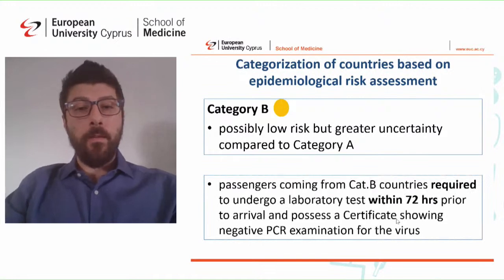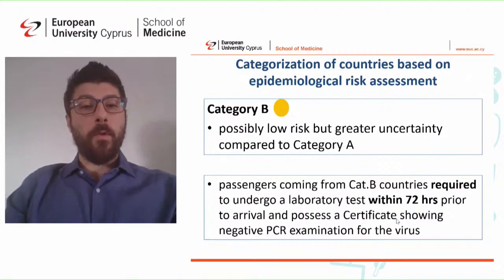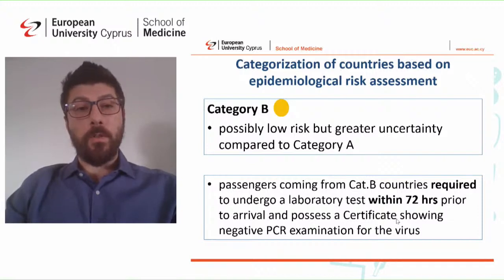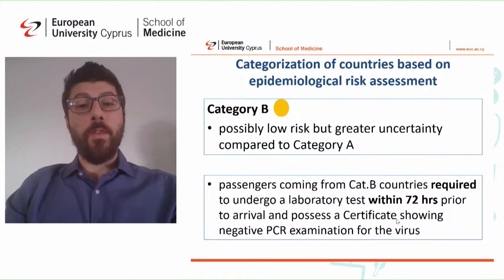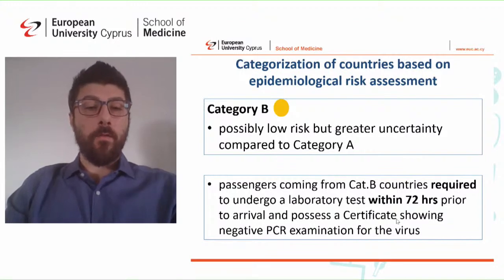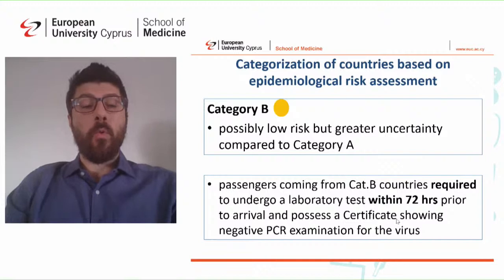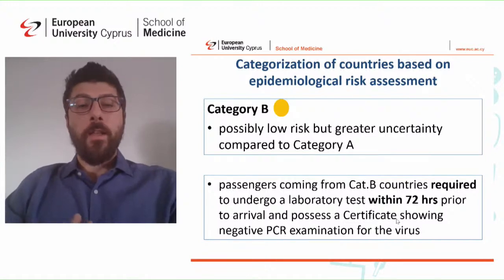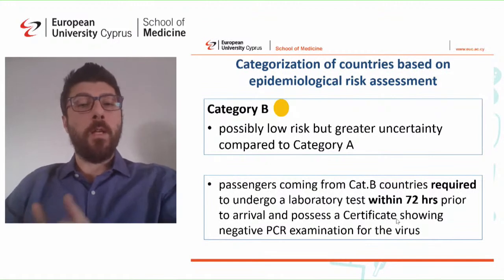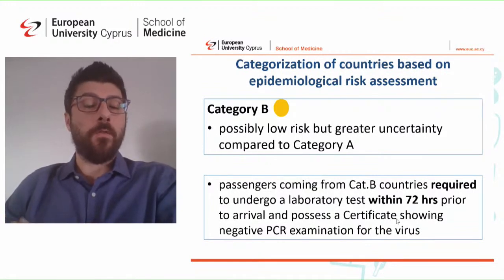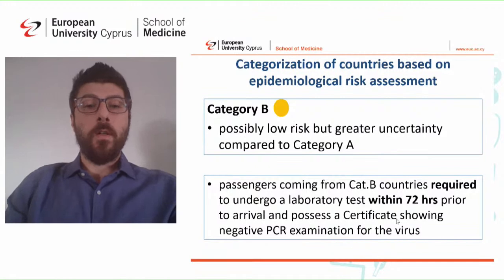Category B means that someone coming from there needs to have a negative laboratory test, a molecular PCR test, within 72 hours before arrival to Cyprus. So someone who comes from a category B country needs to have a test within 3 days before coming to Cyprus and present this certificate, showing that they were negative upon arrival.